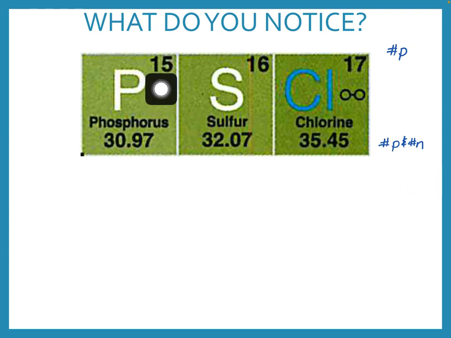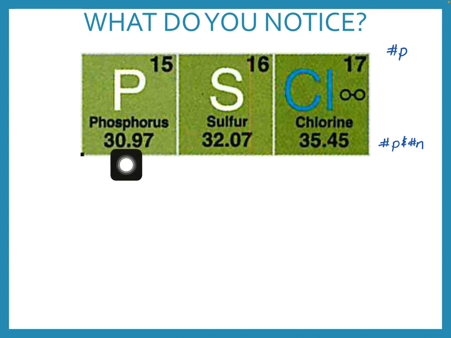So in the periodic table, every single atomic number that you will see is a whole number. So remember, that represents the number of protons. So 15 protons means we have the element phosphorus, 16 means we have sulfur, 17 means we have chlorine.